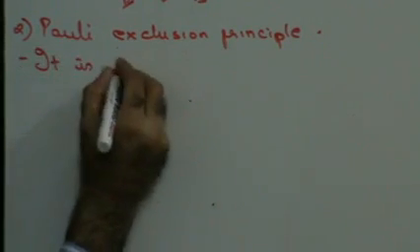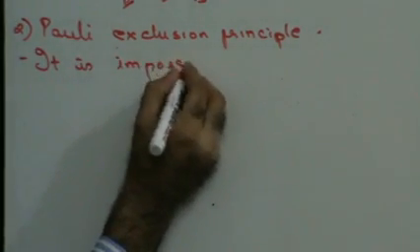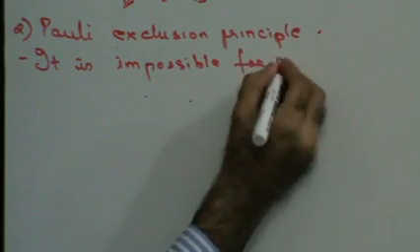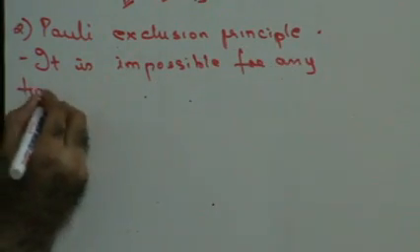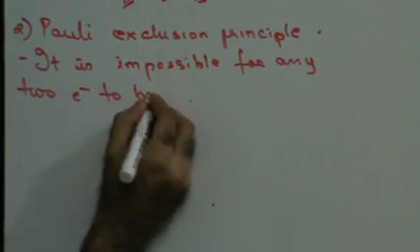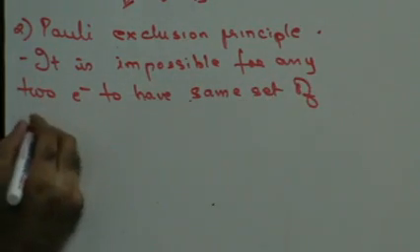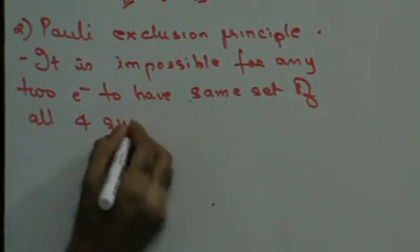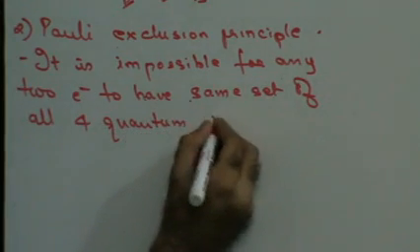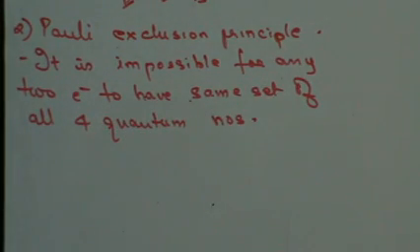That means each electron has a particular set of quantum numbers and no other electron will have that same set of all four quantum numbers. That is what Pauli's exclusion principle is.